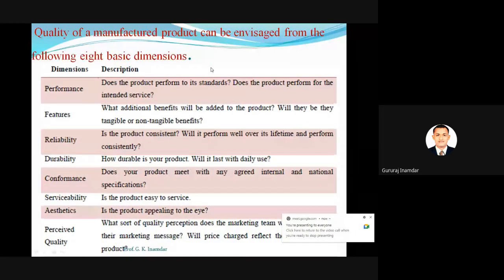So performance: does the product perform to its standard? Does the product perform the intended services? Definitely we have to search them. How will we improve the quality of our product? For that purpose this point will be very important. Why? Because we have to start from the performance of the product.